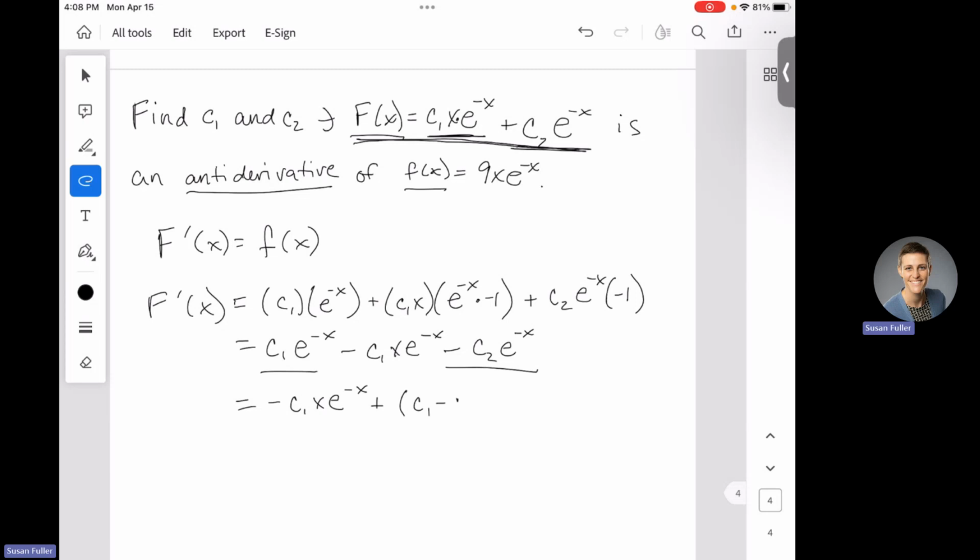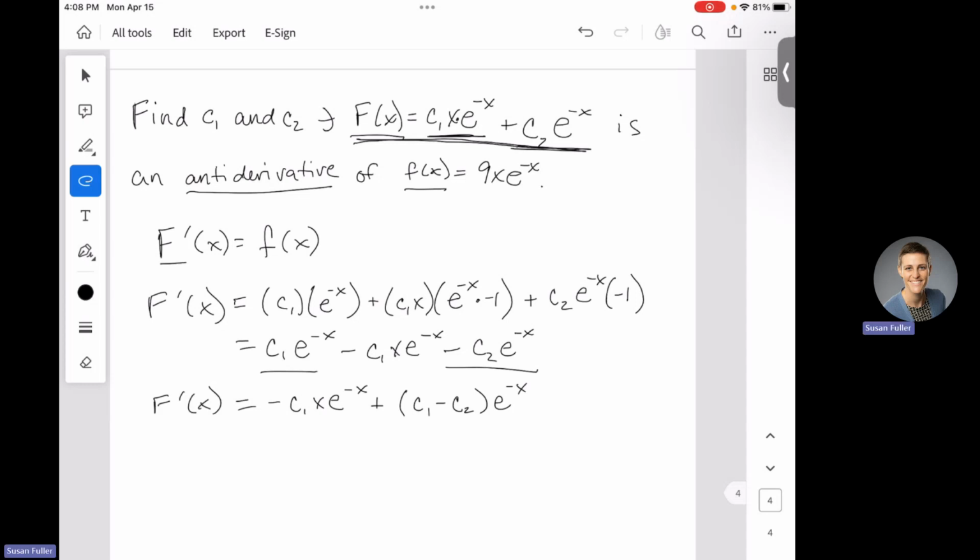So I'm going to have C1 minus C2 times e to the negative x. That's how I'm going to write these because they're like terms. Like if I had 3 e to the x minus 2 e to the x, I would subtract 3 minus 2 to see how many e to the x's I would have. All right, so that's my F prime.